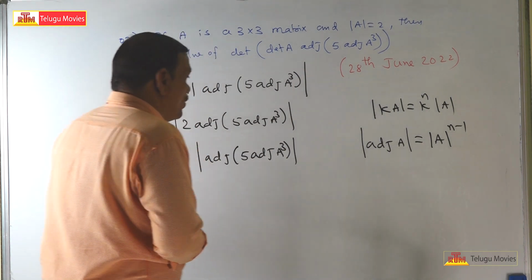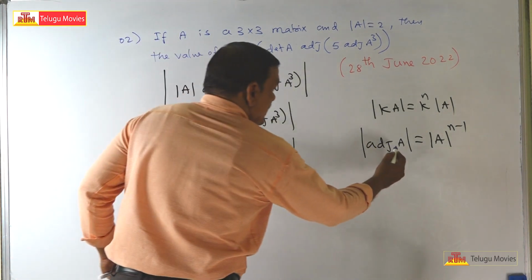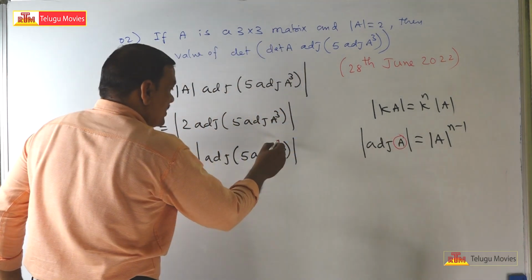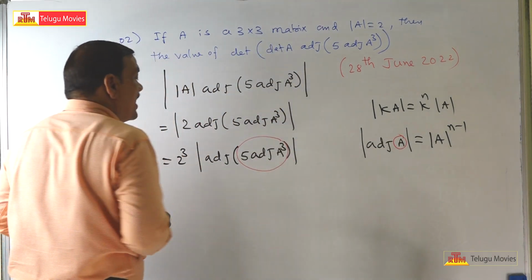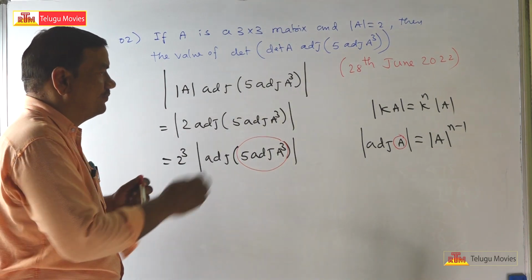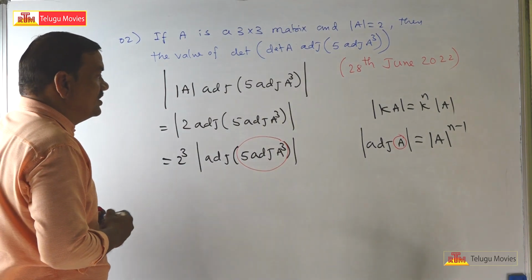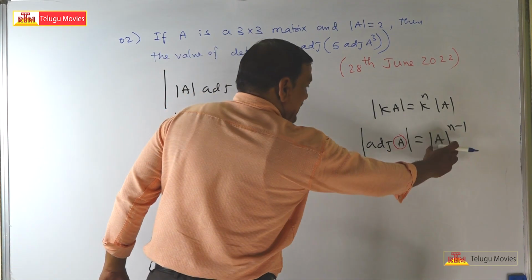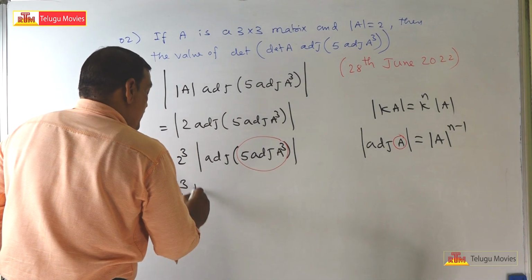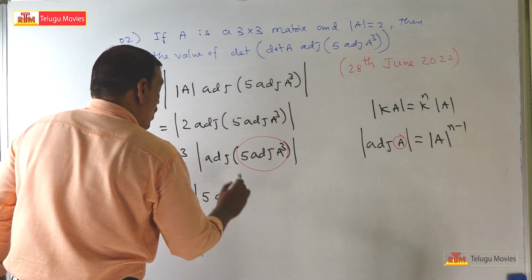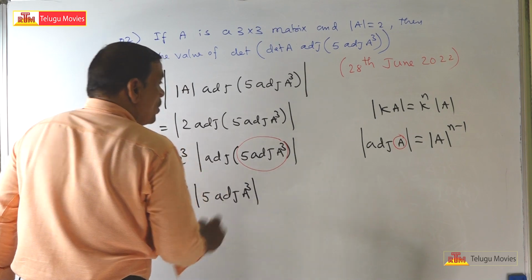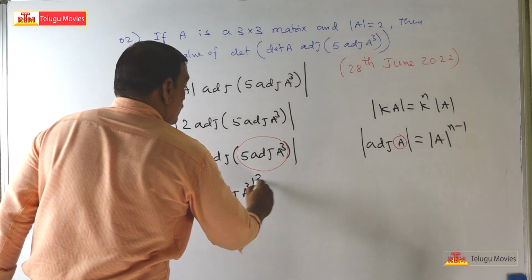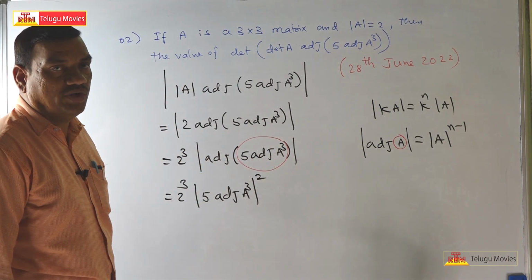So here also, in place of A, 5 times adjoint of A cube is there. Then this is equal to 2 cube, and here determinant of 5 times adjoint of A cube whole power n minus 1. n means how much? 3. 3 minus 1, 2.